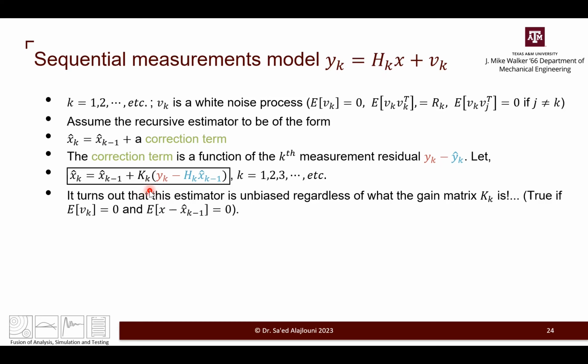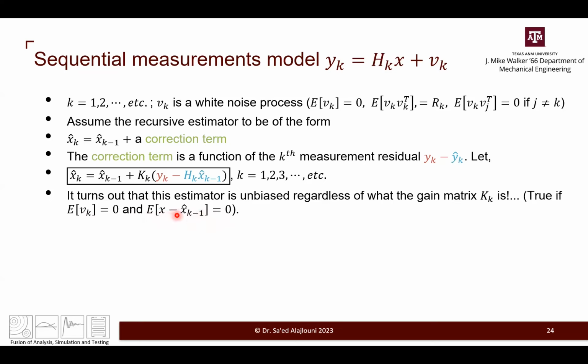But let's see. It turns out that the boxed expression here, this estimator, is unbiased regardless of what k is, which is nice. And this holds true if the mean of the noise is 0 and if this expectation is 0.